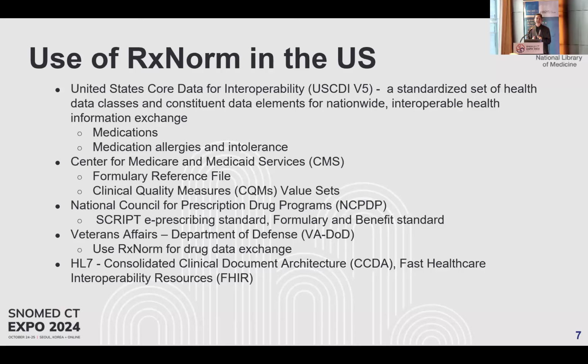And in the USCDI, in this version 5, RxNorm is specified as the terminology to use for medications and also allergies and intolerance. In the Center for Medicare and Medicaid Services, CMS, RxNorm is used in the formulary reference file, and it's also used in the clinical quality measures value sets.